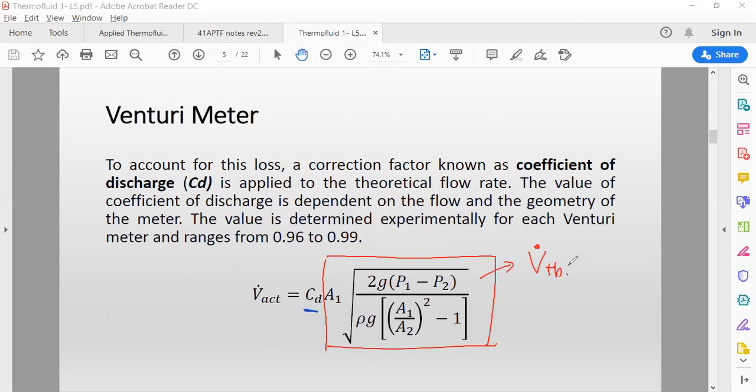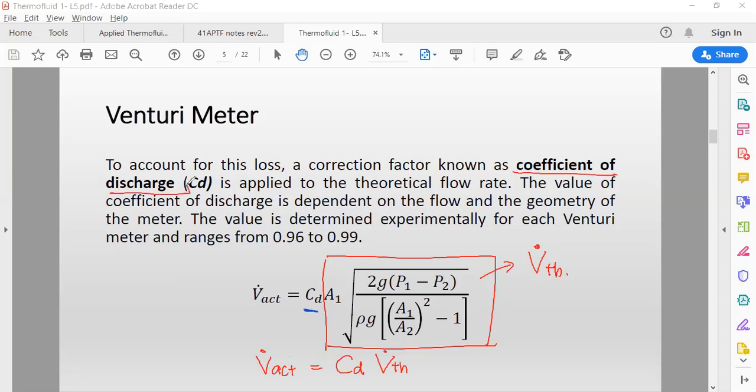When we say we theoretically derive it, it means that we assume that there's no losses, no friction, no other forms of losses. So to account for these losses, if we want to find out the actual flow rate, it is a practice to multiply some sort of coefficient to the theoretical value. This coefficient, we call it CD, coefficient of discharge.